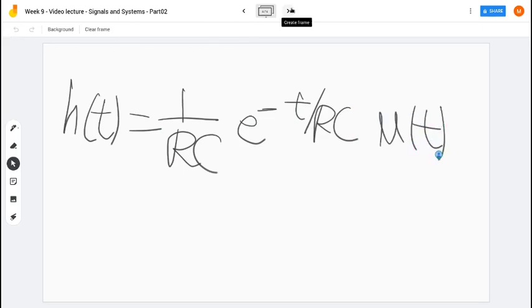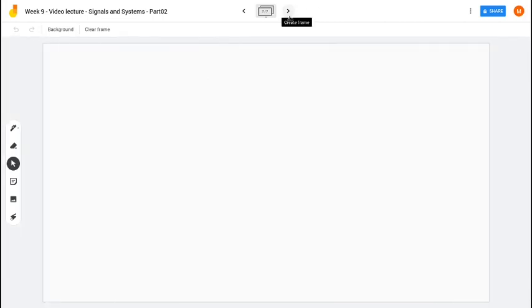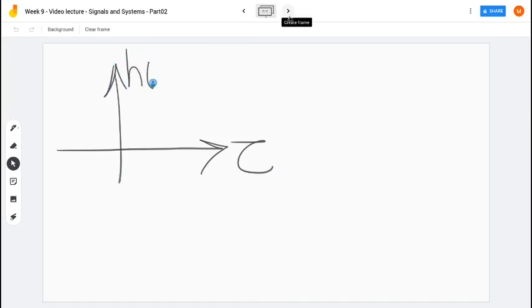And in order to find the step response, simply we need to do a convolution between this h of t and u of t. So again, we can do it graphically. If we start plotting h of tau, it would be like this, a decaying exponential function starting at 0.